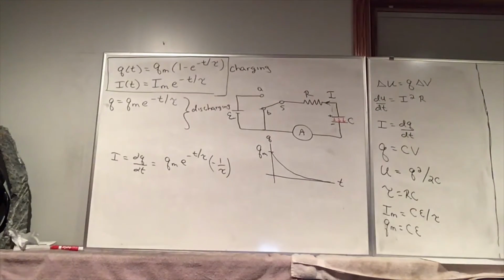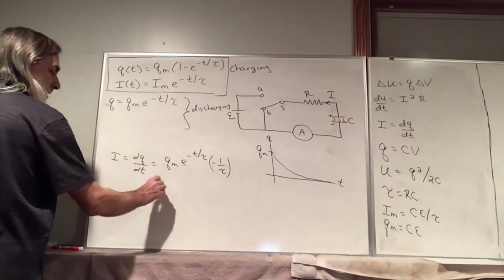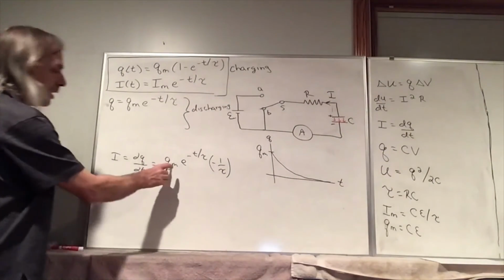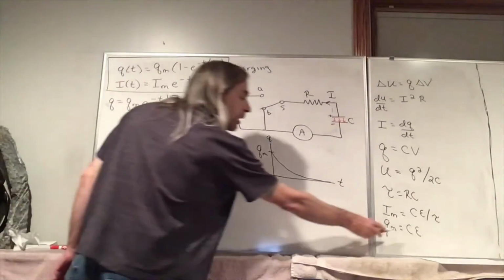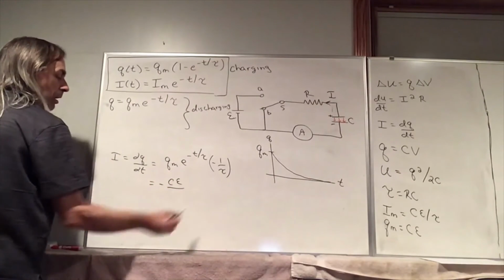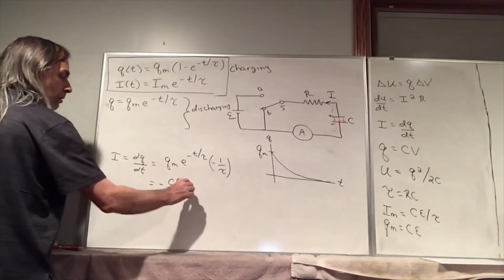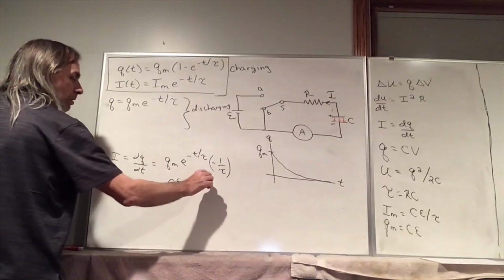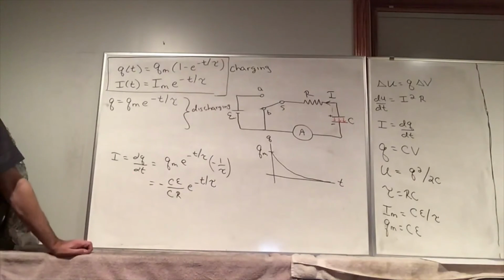Now we can simplify this. Let's bring the minus sign out in front. So the Qm, maximum charge, that's C epsilon naught. And tau is RC. So, yeah, the C's cancel out.